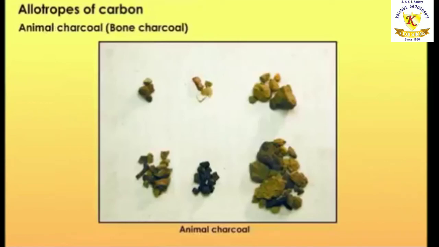Animal charcoal or bone charcoal. It is prepared by the destructive distillation of bones, used as an absorbent in purifying organic liquids, for decolorizing raw sugarcane juices, and as black pigment for rubber.